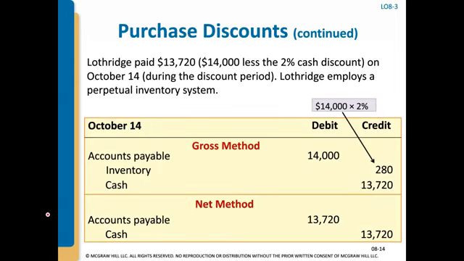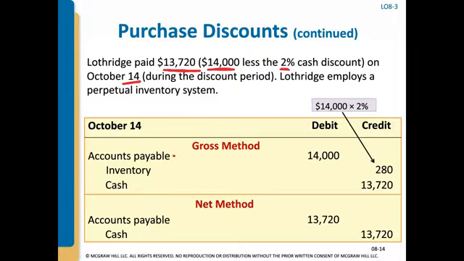That was October 5th when we bought that inventory. On October 14th, we're still within that 10-day period, and I paid my vendor $13,720, which is $14,000 of the $20,000 less 2%. Under the gross method, I had booked my accounts payable for the full 20 grand.